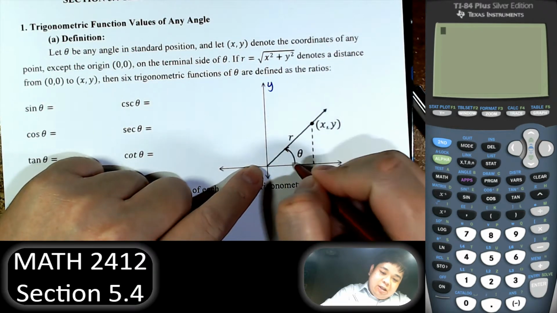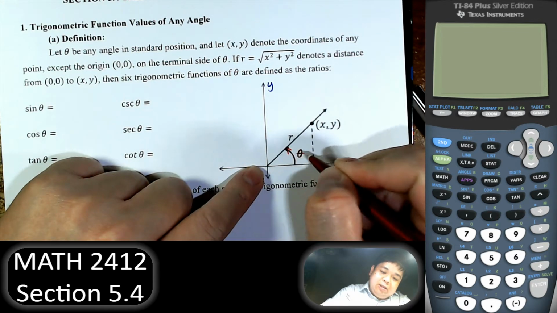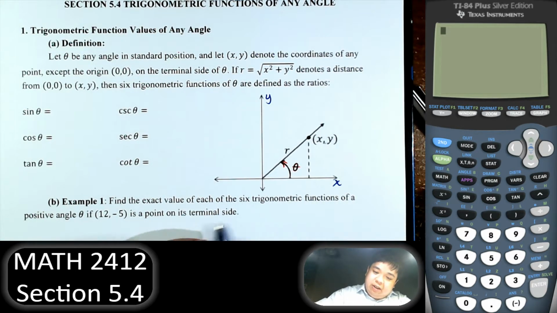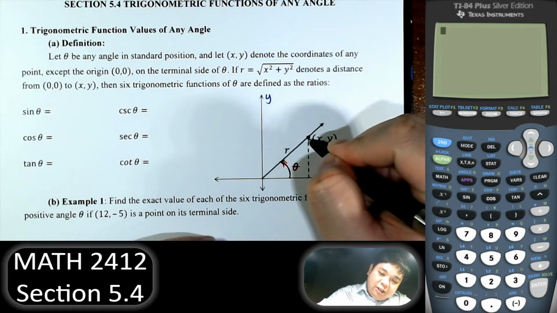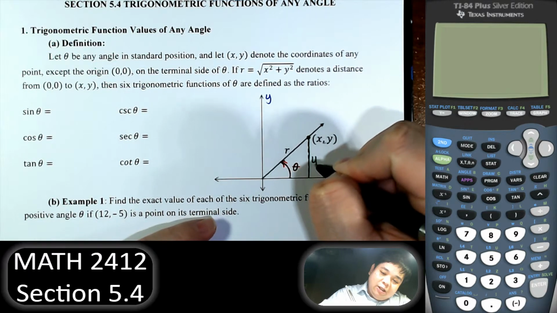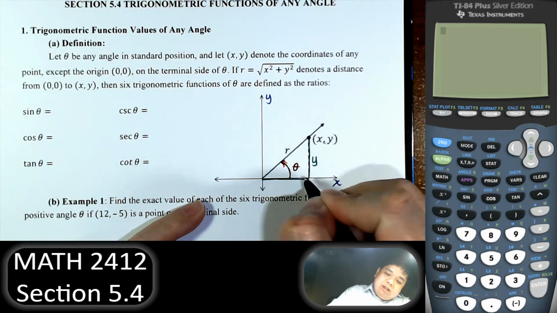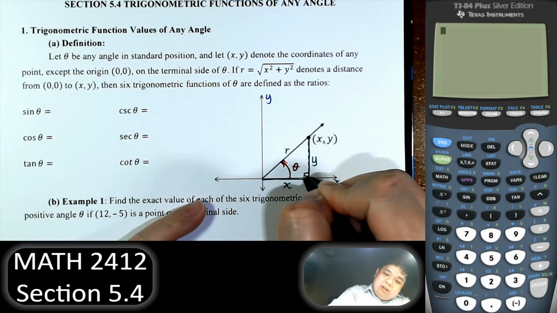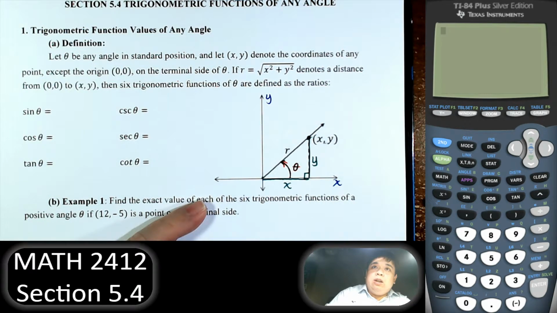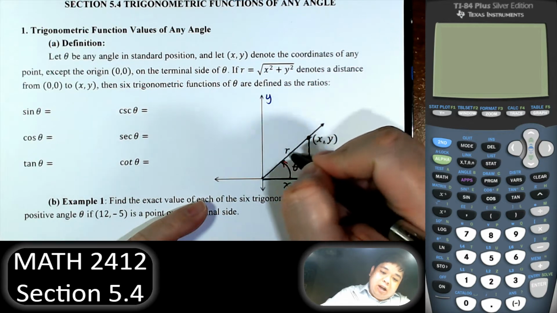and that gives us the angle theta. With that, we have this is the y values, and this will be the x values, and the distance from that point is going to be r.